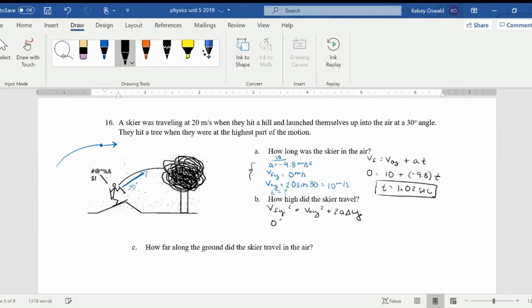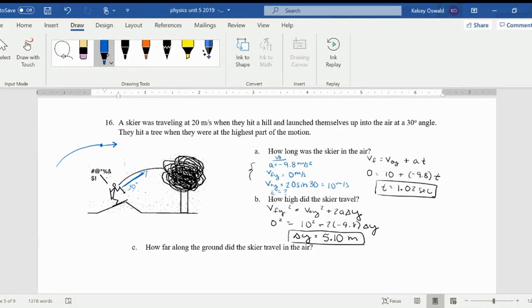Because we knew our final velocity was 0, our initial velocity was at 10, and our acceleration is always negative 9.8. And we'll find that our skier friend here reaches a maximum height of 5.10 meters. Okay, so we'll end at 5.10 meters above the ground.